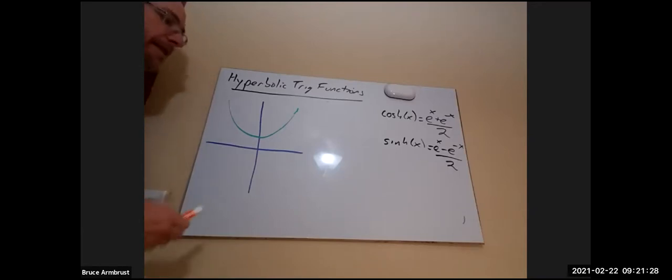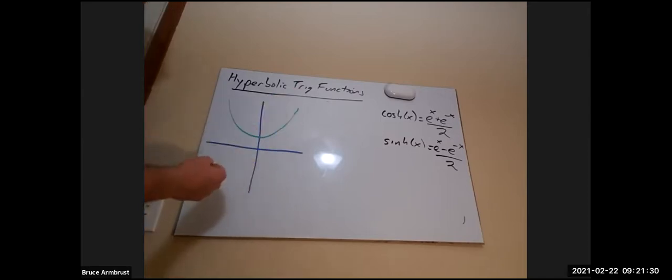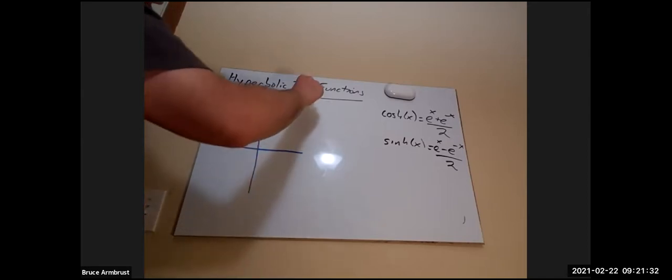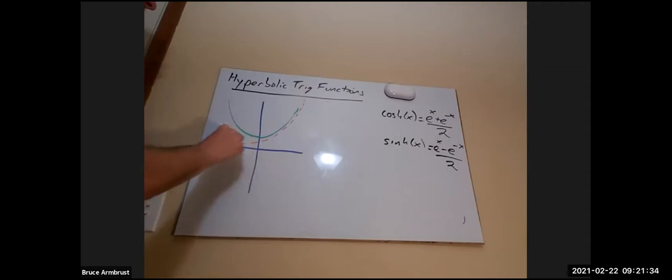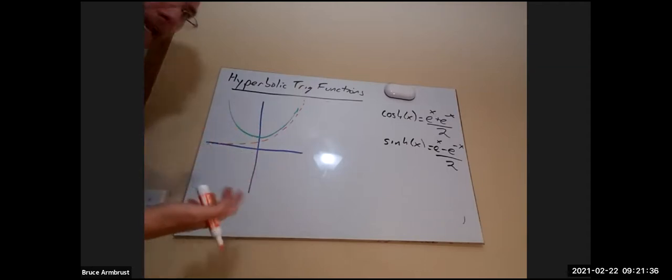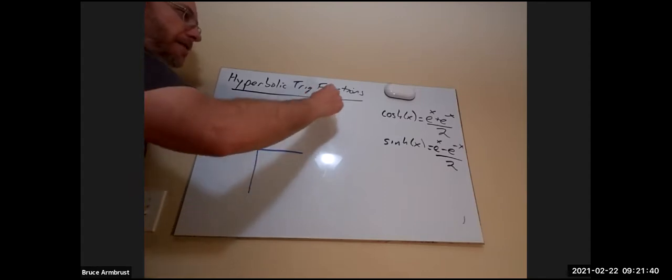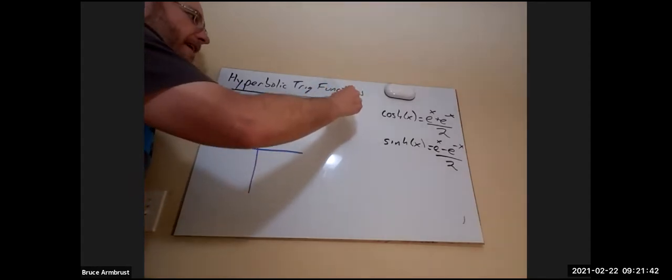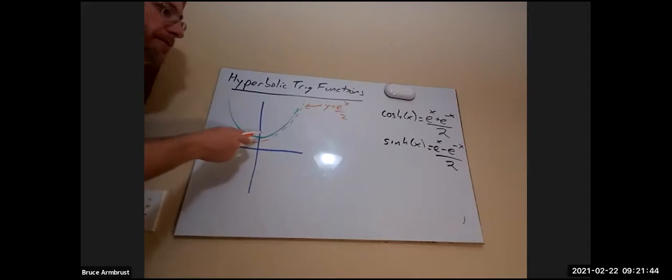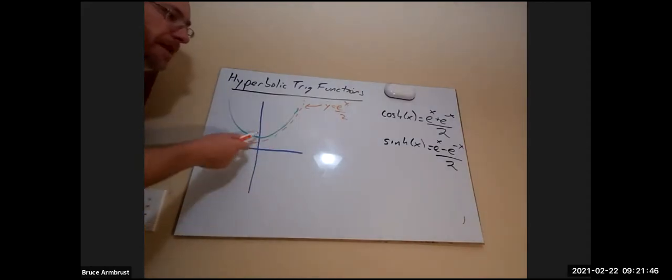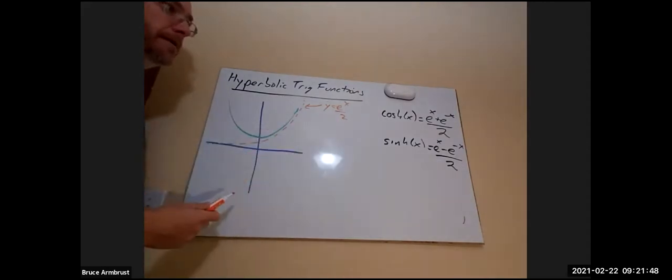It does have some limiting values, like it's got asymptotes. It's got an exponential function. If this is e to the x over 2, that's what this function approaches as we get really, really big.